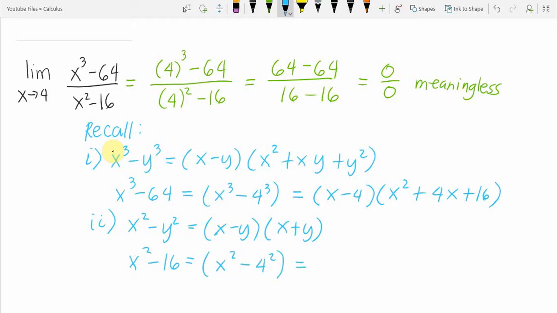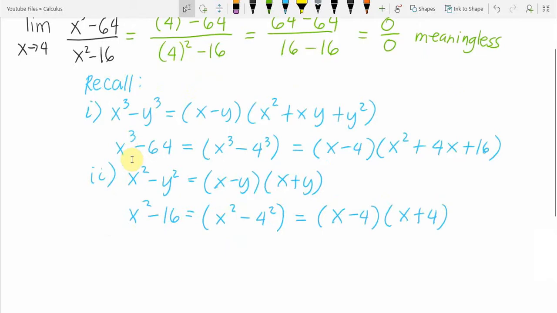So if we follow the pattern, our factors are x minus 4 and x plus 4. These factors will be used in substitute of our original expressions. So we do not need to write x cubed minus 64 and x squared minus 16 anymore.